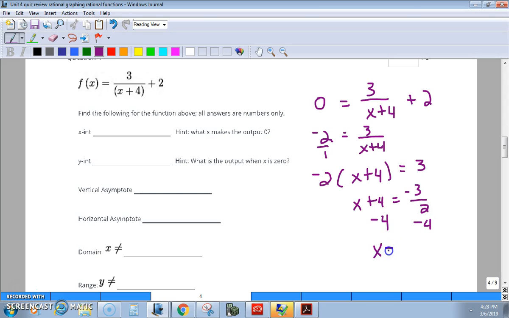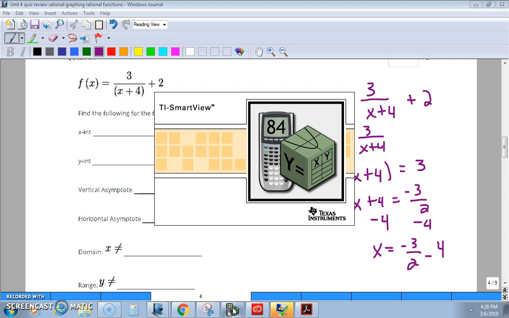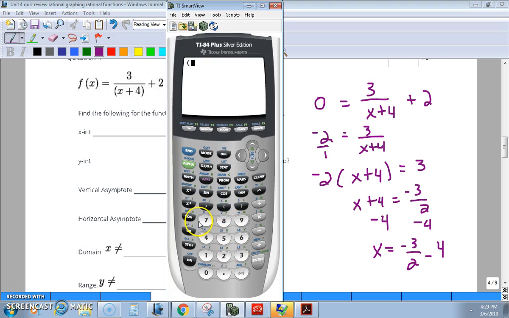So our x-intercept, or what is going to make this equation 0, is negative 3 over 2 minus 4. I can put this in the calculator, but I have to put the fraction in parentheses. Whoops, what did I do wrong?